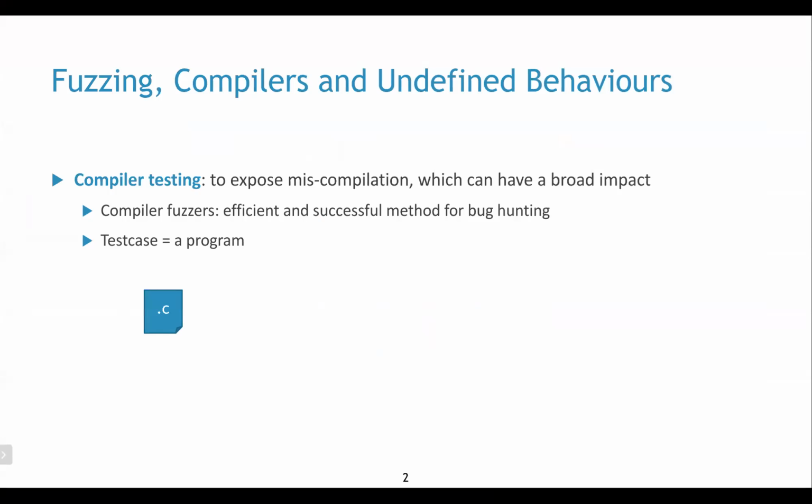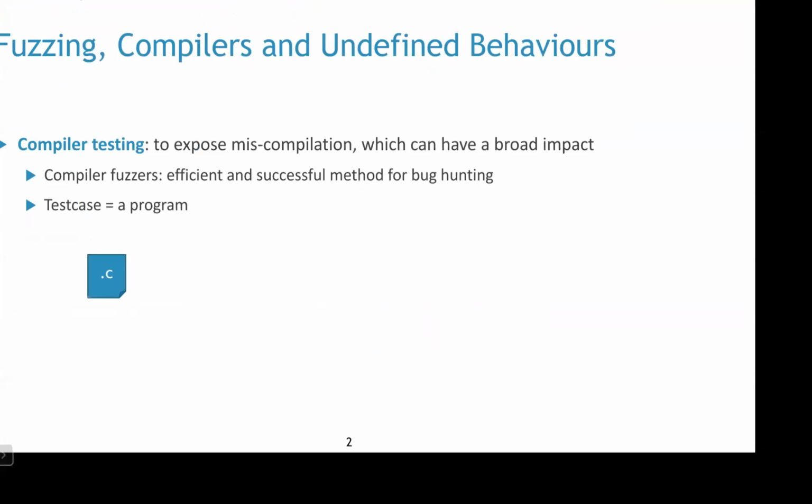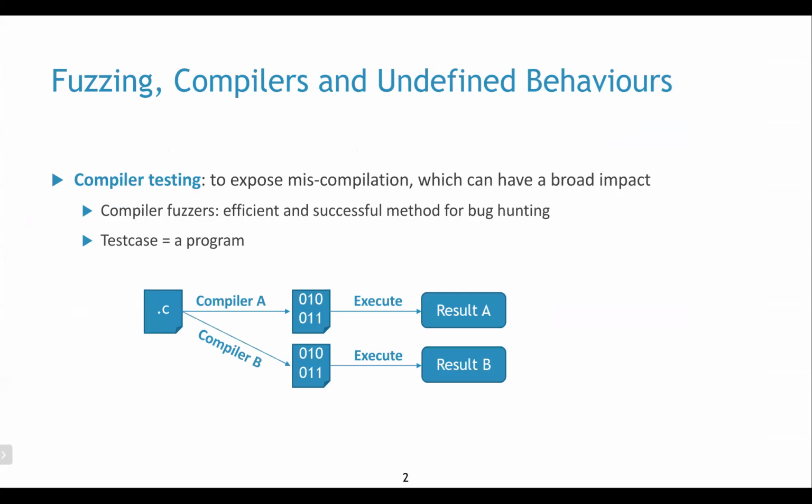A test case is a program which we can compile with a compiler A, get a binary, run it, and get the result A. We can repeat this process with the compiler B, run it, get a binary, run it, and get the result B. If result A and result B are not the same, then we found a miscompilation that can affect any program that we compile with this compiler.